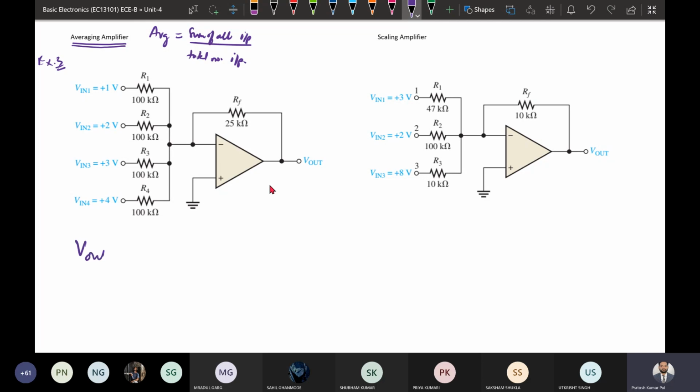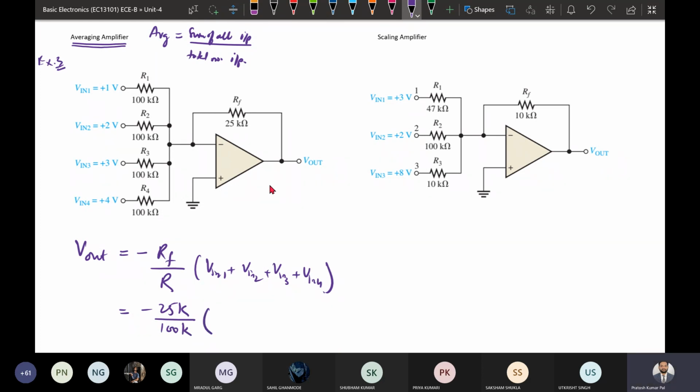With respect to here, V output will be equal to minus RF divided by R, since all the resistances are equal, times V input 1 plus V input 2 plus V input 3 plus V input 4. RF is 25K divided by R, which is 100K, times the sum of all the inputs.